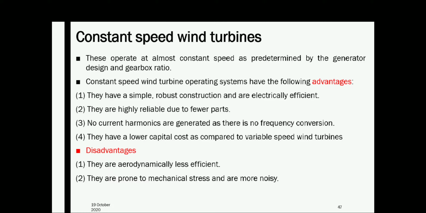These constant speed wind turbines have many advantages and also disadvantages. Constant speed stall regulated turbines have no options for any control input. Here the turbine blades are designed with a fixed pitch angle to operate near the optimal tip speed ratio for a given wind speed.